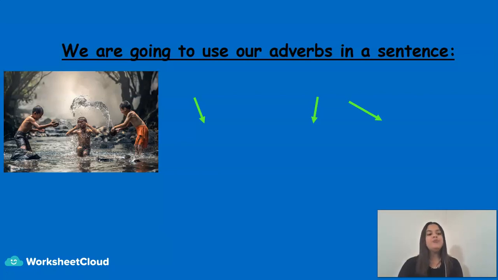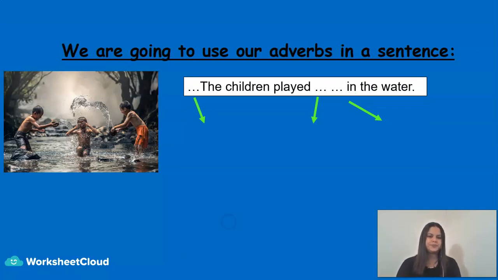And again, I've put our picture up over here so that you can have an idea of what we are looking at. The children played in the water. And I've added in the water just to give the sentence a little bit more structure. So, what are we going to use now to make our sentence sound a bit more interesting?